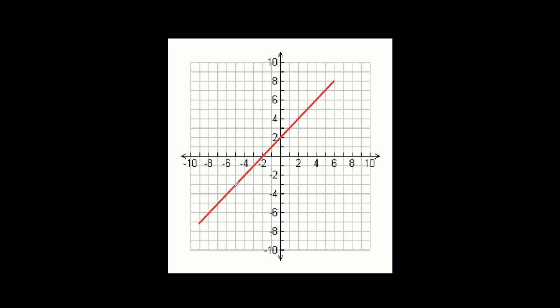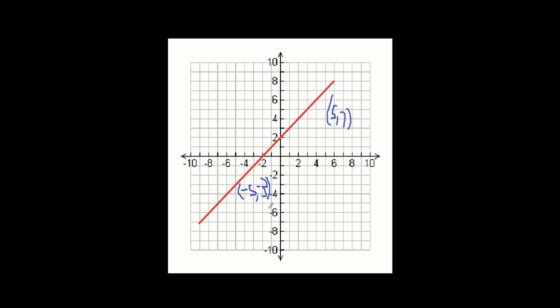Let's say we have this point here, which is negative 5 and negative 3. That's our first point, and our second point could be here, which is 5 and 7. So we're going to take x2 and x1 and y2 and y1, and first of course you have to label those points.